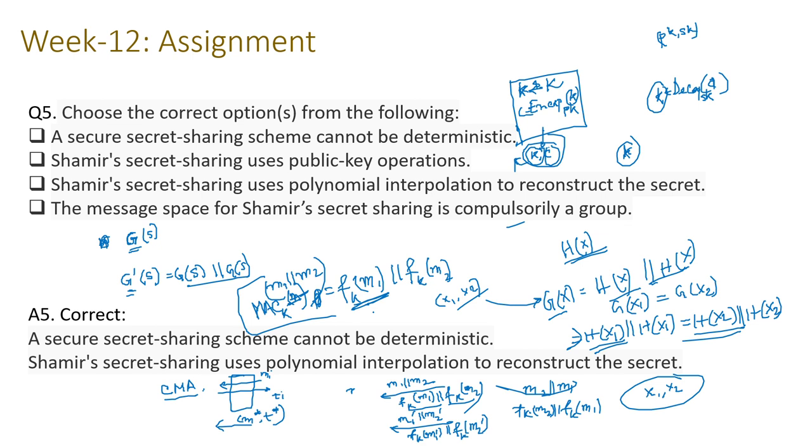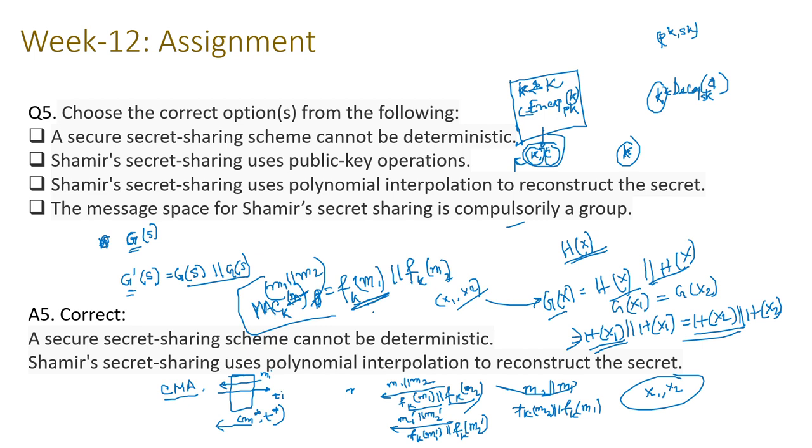There was the concept of MAC and strong MAC also. So in MAC you say that in the query phase you see some message-tag pair, query with some message, see the corresponding tag, and in the final phase the adversary should come up with M star, T star, where M star is a completely new message compared to all the messages queried in the query phase.